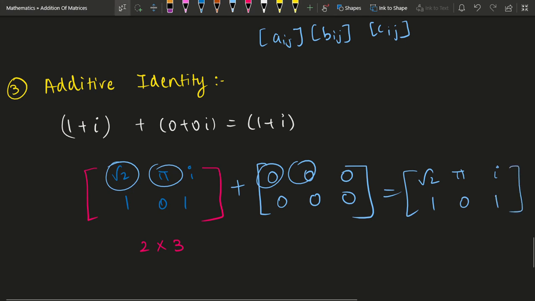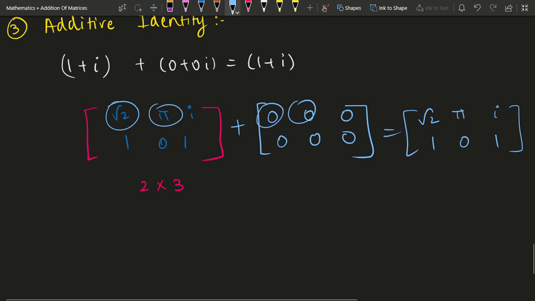So for any matrix A of the order m by n, you add a 0 matrix, let's represent the 0 matrix by a big O, of the order m by n, such that adding them doesn't change anything. You still get the same matrix back.